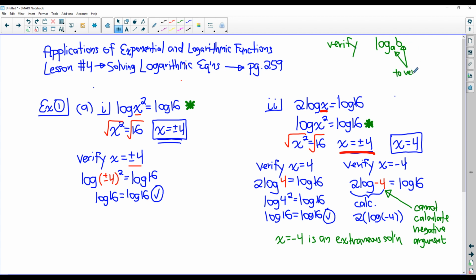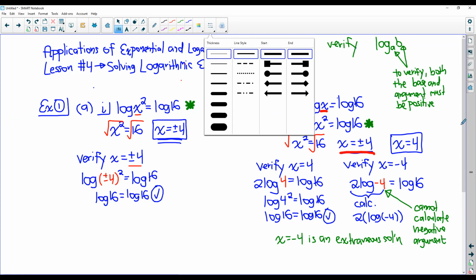So we'll say to verify, both the base and the argument must be positive. If they aren't, you can't verify, and that'll make the solution you're subbing back in an extraneous solution.